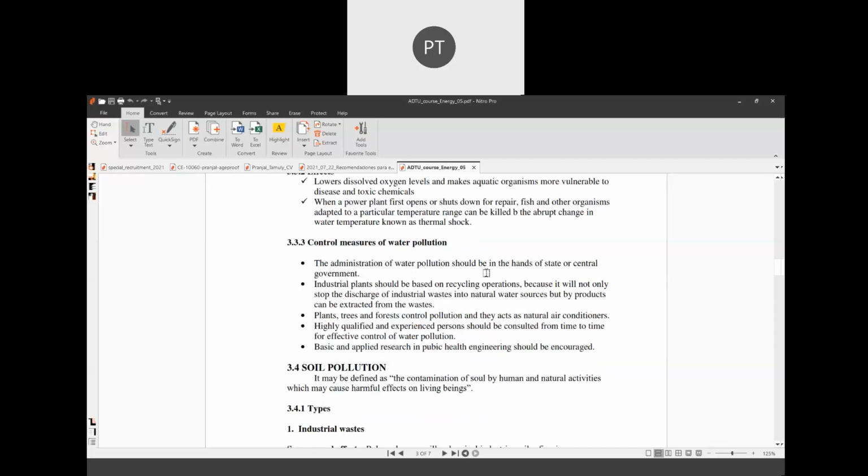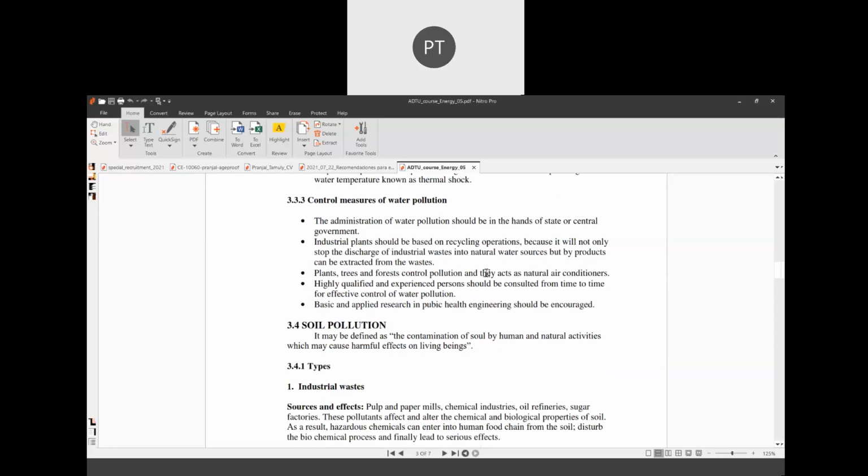How can you control this water pollution? First and foremost, the administration of water pollution control should be in the hands of state and central government. Water pollution measures should be strict, and the government should strictly apply these policies to the general public.